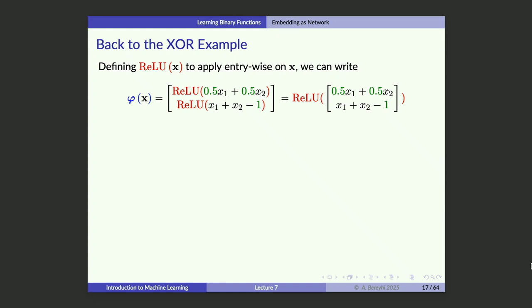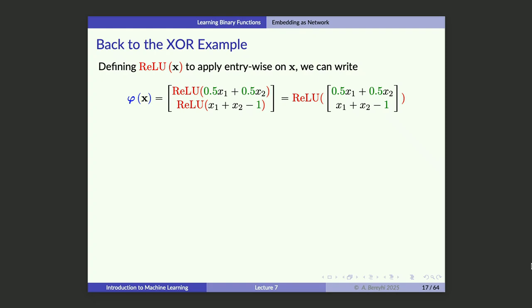Because I can write that vector down as ReLU of half x1 plus half x2, and x1 plus x2 minus 1.